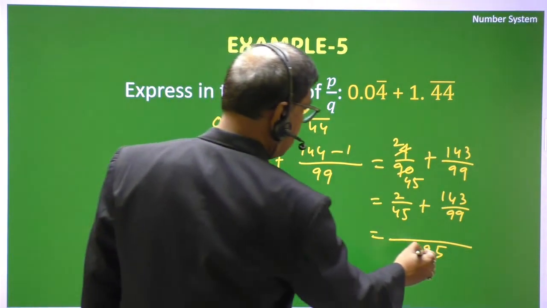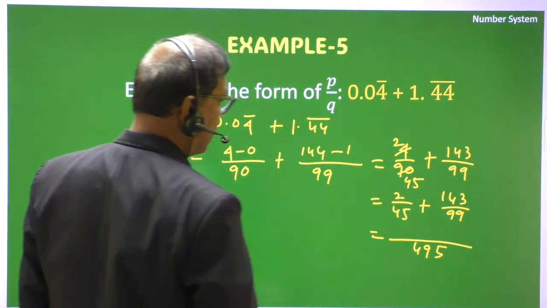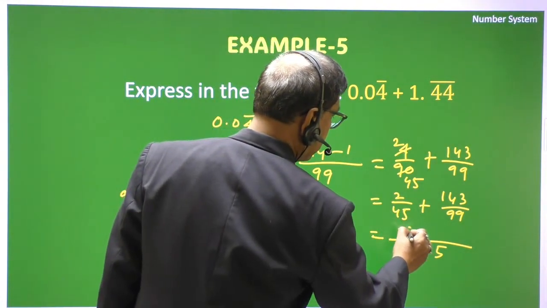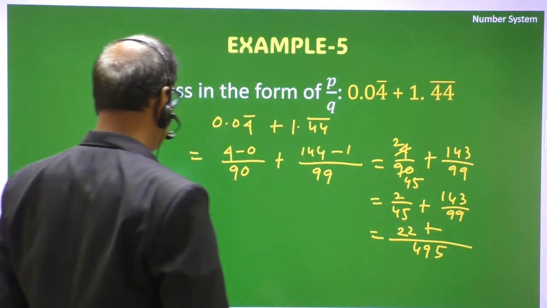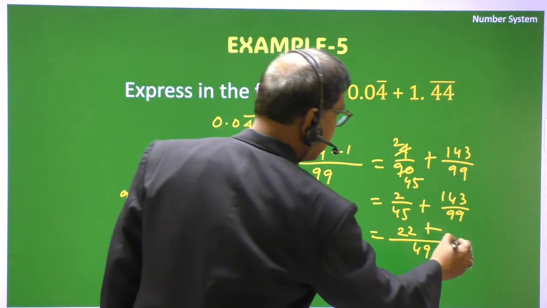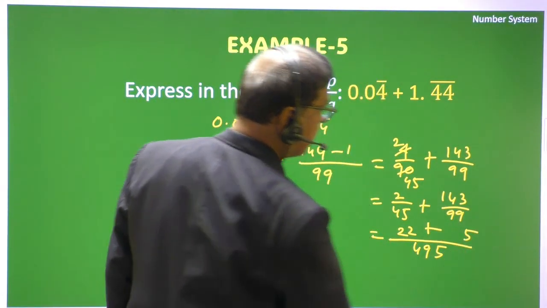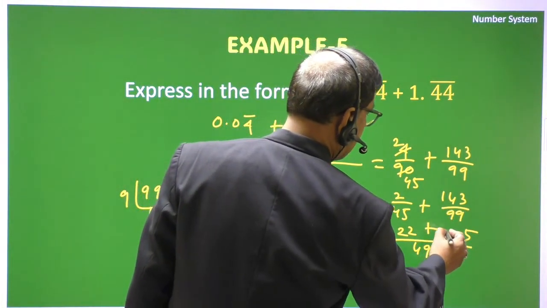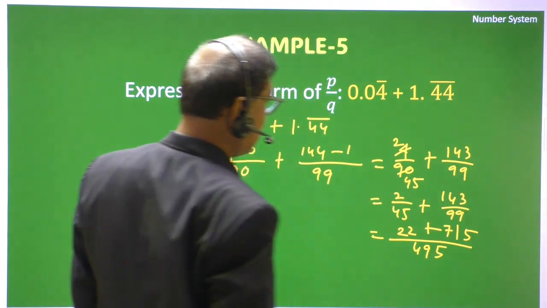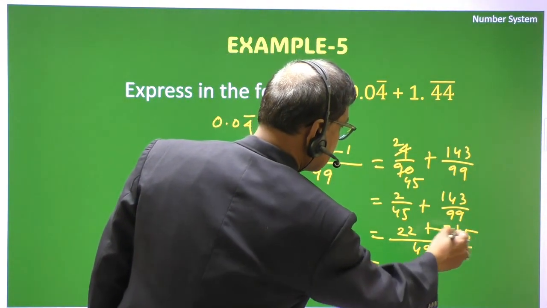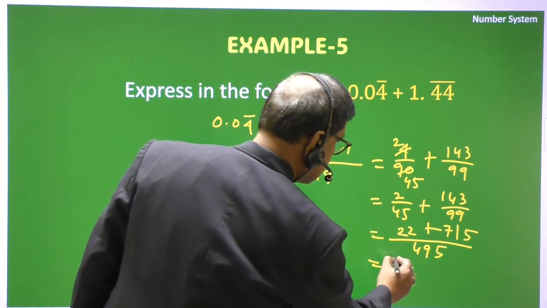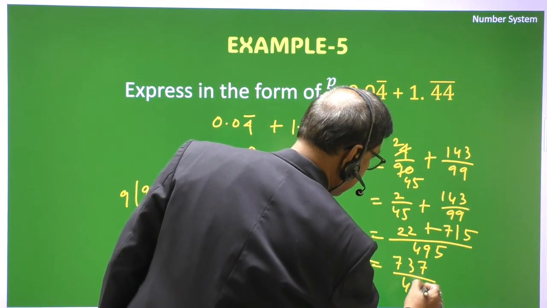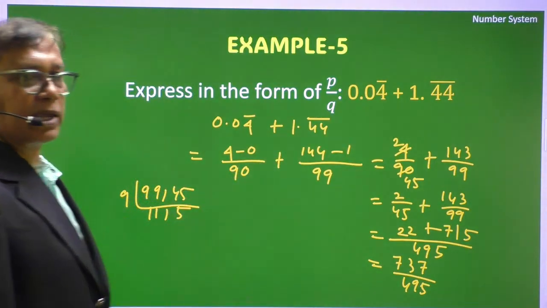So now 495 divided by 45 means 11. So 11 into 2, 22, plus, divided by 99, we are getting 5. 5 into 143 means 5 3s are 15, and 70 plus 1, 71. Yes. So 715 plus 22, that is 737 upon 495, and this is the P by Q form.